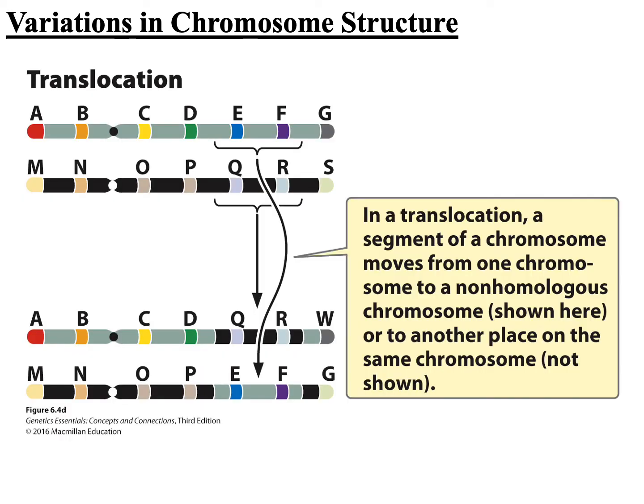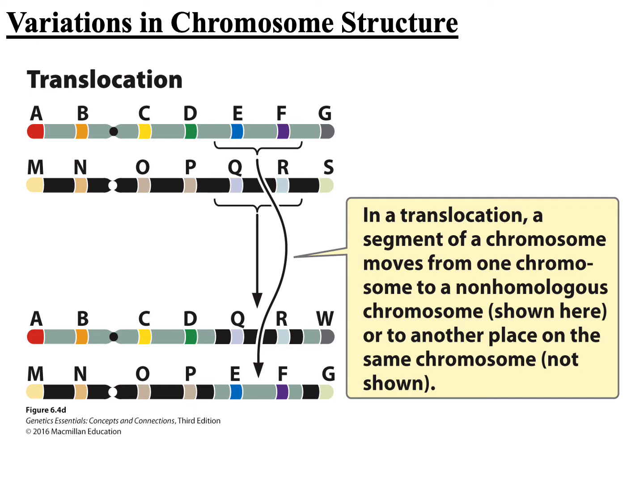The next chromosomal abnormality I want to discuss is referred to as a translocation. A translocation is where you have one portion of a chromosome moved to an entirely new location. So this is not the same as genetic recombination, because genetic recombination occurs on homologous pairs of chromosomes.